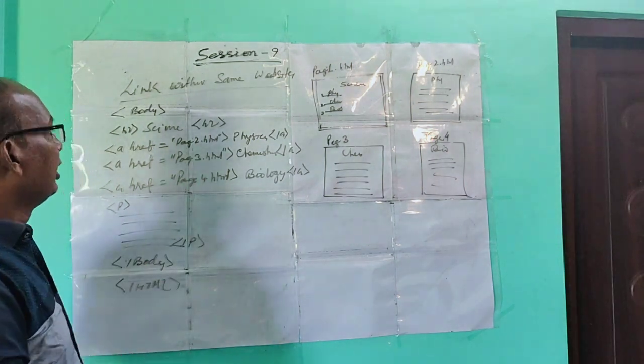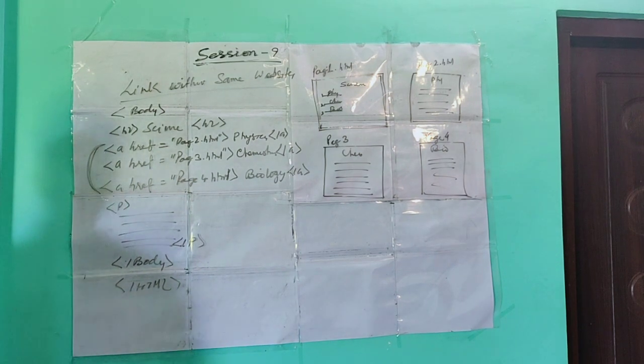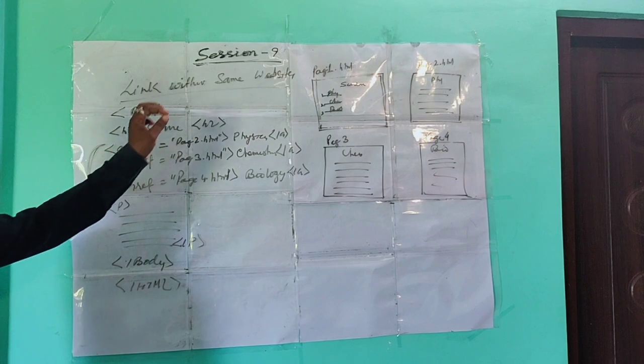So whenever you create a link, these three tags must be given in the home page. Then only you can link from one page to another.